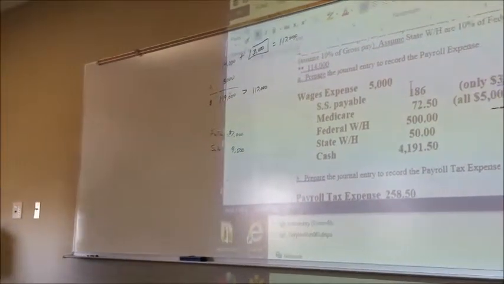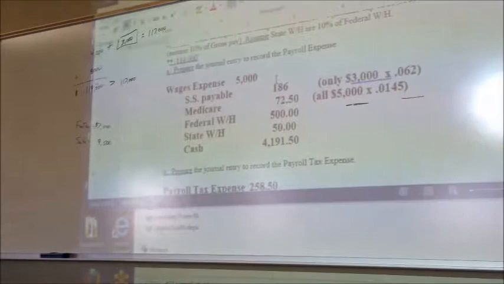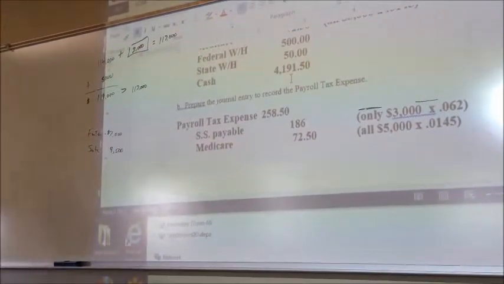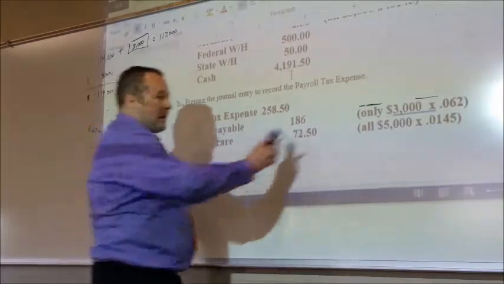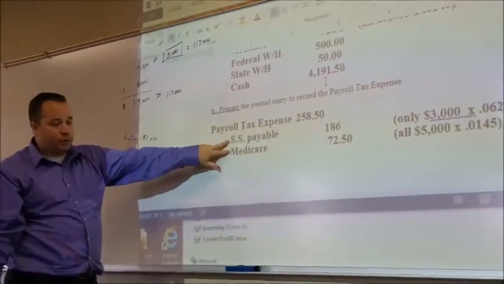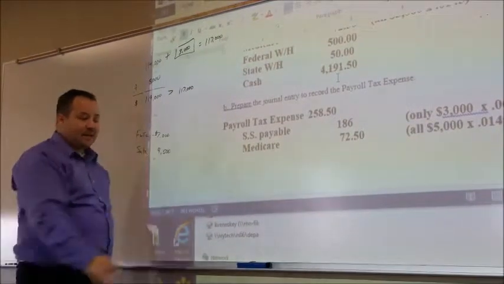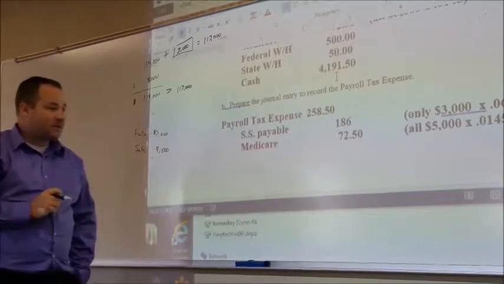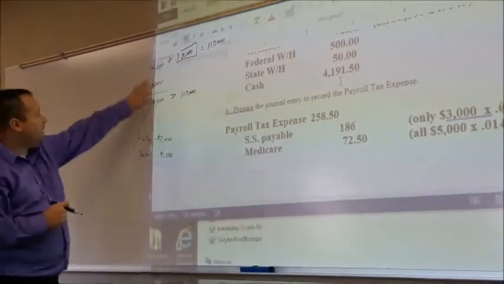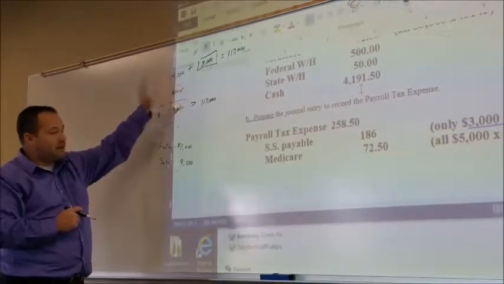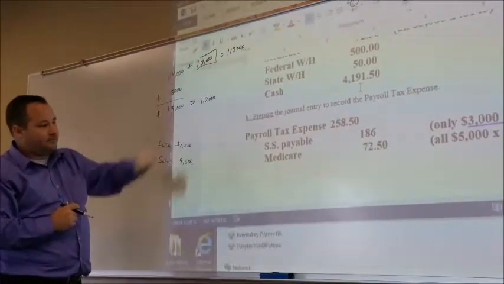Now, as we get to the second part, the payroll tax expense, notice this is very short. I only have payroll tax expense on my first 2 taxes. I don't have any FUTA, and I don't have any SUTA, because I went way over the cap already. I've already earned $114,000. That's way over 7,000 and way over 9,500.